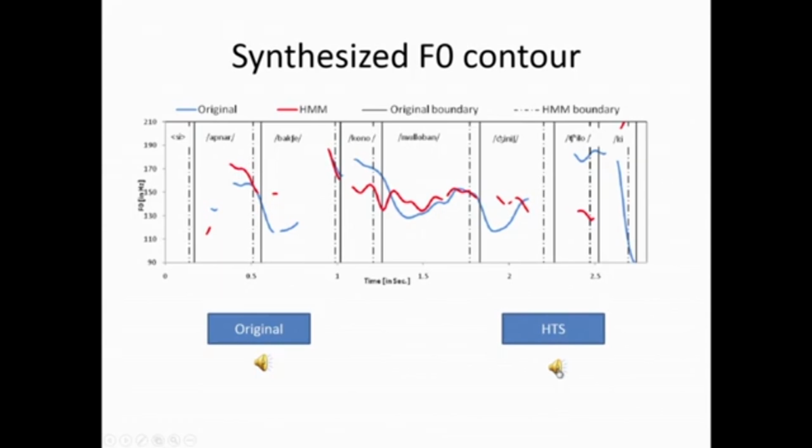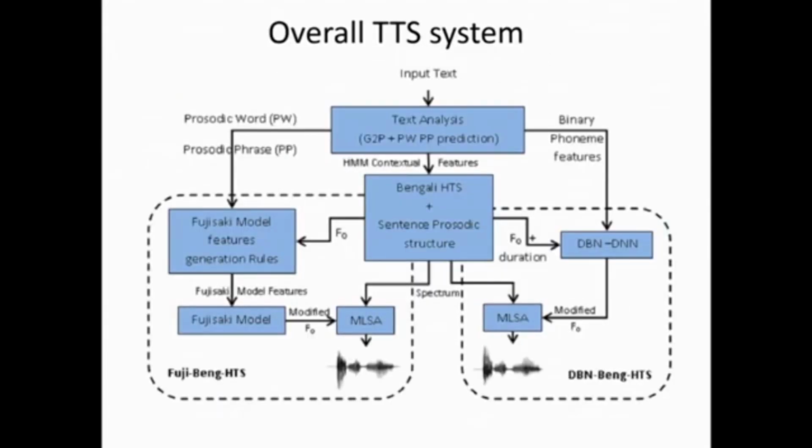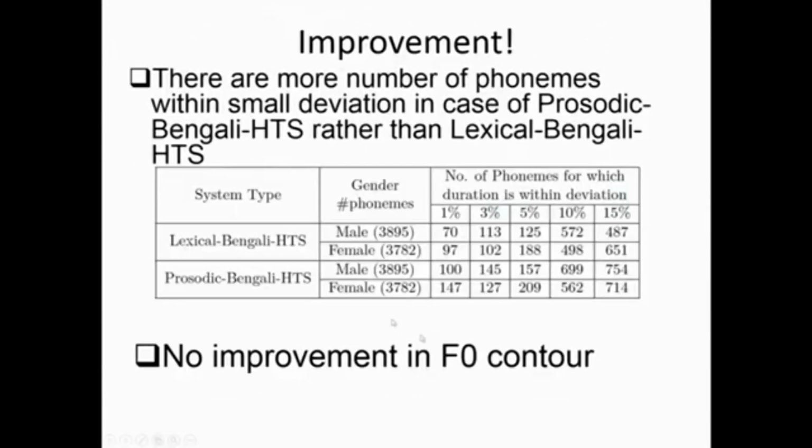Then we thought, why not train the same HTS system with prosodic words and prosodic structures instead of labeling at syntactic or written word boundaries. So the spoken corpus is labeled with boundaries based on the prosodic word, the prosodic phrase and the prosodic clause. Then we saw that the error rate is reduced.